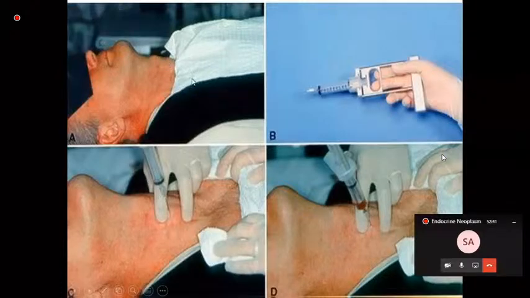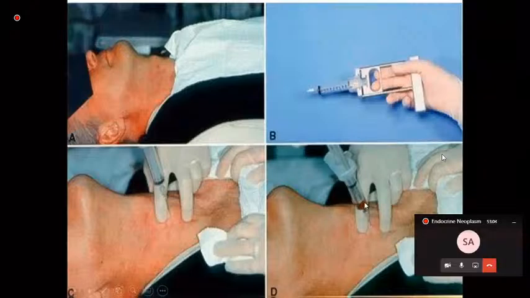So first we examine the thyroid, ask the patient to swallow, so we can assess where the nodule is. Then we insert the syringe into the nodule, under pressure. Once we put the needle in, we take off the pressure and insert several times until we can see some cells there.